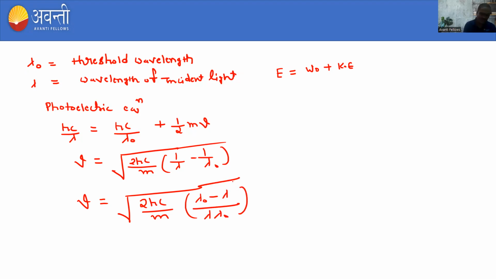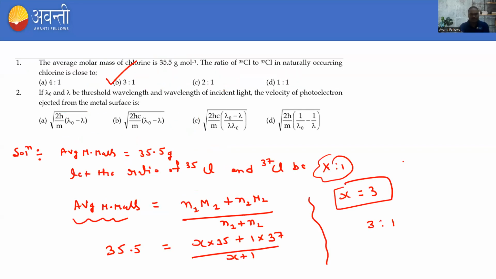So this is the final equation we have. So which option is correct according to this? 2hc upon m, and lambda naught minus lambda upon lambda lambda naught. Yeah, that is option C. So option C is absolutely correct, right? So I hope this is clear to all of you how option C is correct.